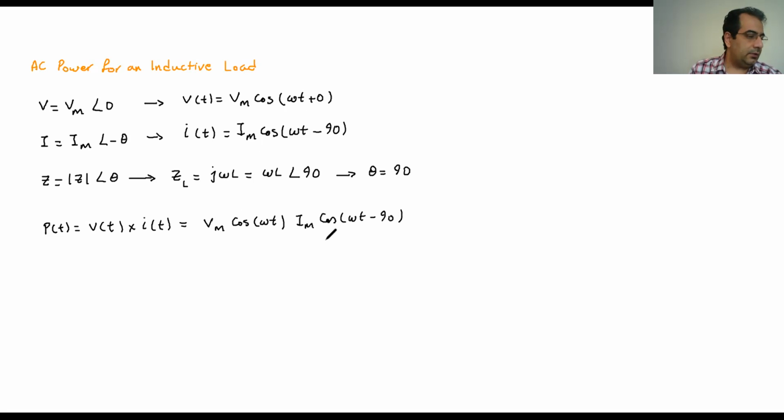And if you do some trigonometry, eventually it comes out as Vm Im divided by 2 times sine 2 omega t.